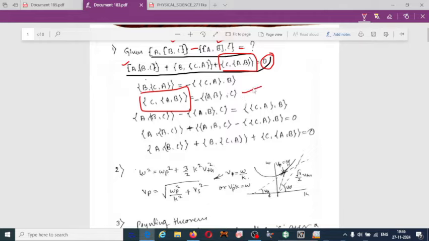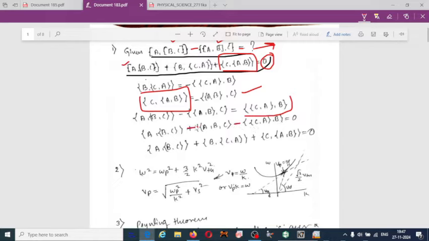This is clear. [b, c, a], we can write it as minus [c, a, b]. So from the given equation, if we bring [c, a, b] to the LHS side, you can write the minus sign here.